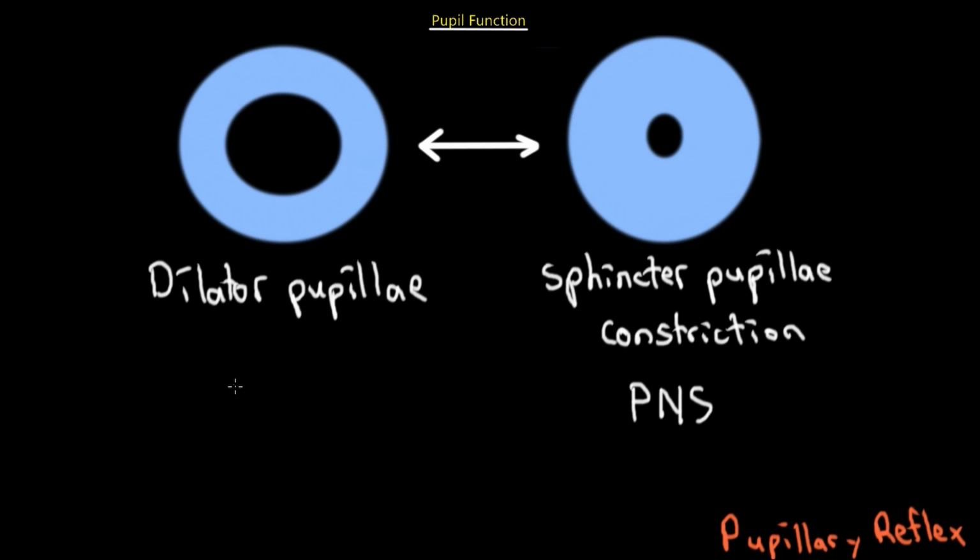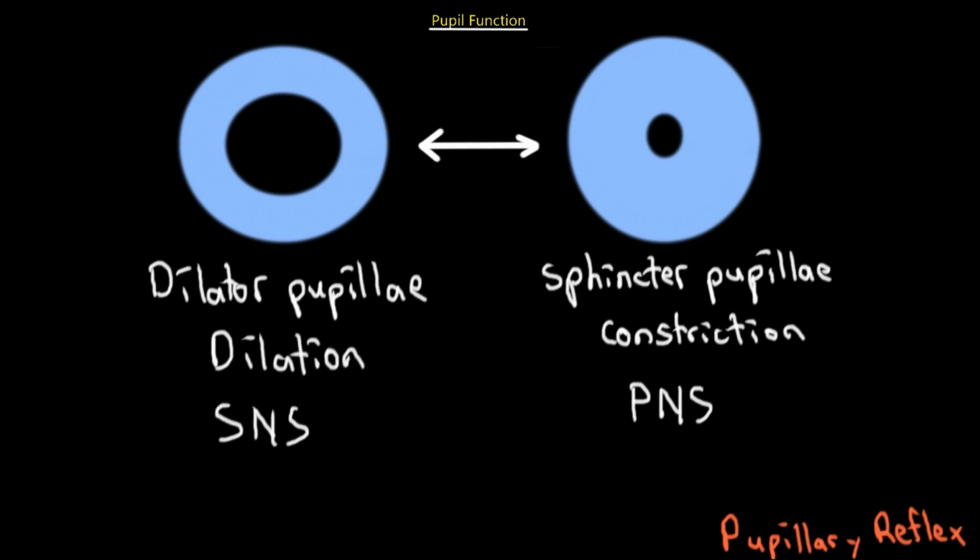And of course, in contrast, this is going to be part of the sympathetic nervous system, because typically when a person is in fight or flight mode, they're going to want the most light coming in as they can so they can get a sense for the situation, and that means the person is very alert and is ready to go either to fight or to flight, run away. And so the way this works is the trigeminal nerve is going to activate the dilator pupillae muscle through this sympathetic nervous system, and it's going to cause dilation.